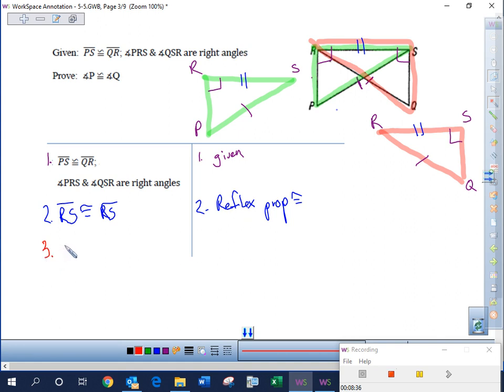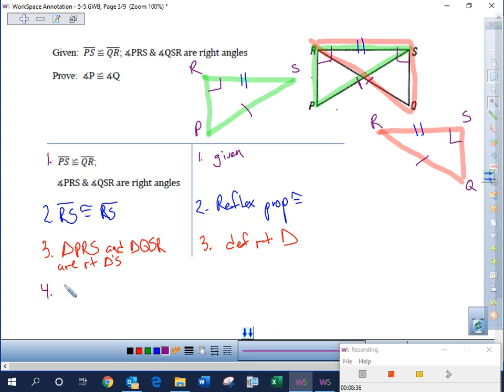I can jump straight to saying triangle PRS, I got a name on myself this time, and triangle QSR are right triangles, because they had right angles in them, that's the definition of a right triangle. And that allows me, since I have a right triangle written down in my proof, to use hypotenuse leg if I have all of that juicy info, which I do.